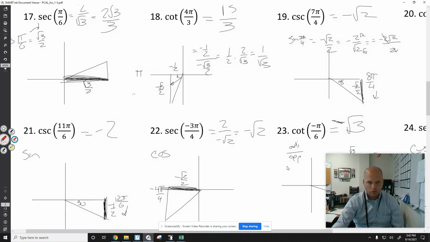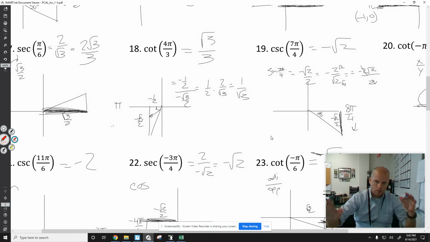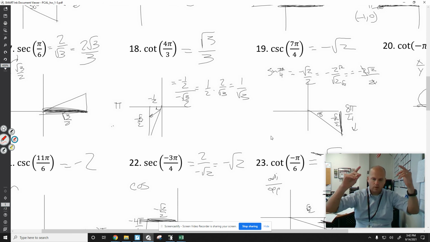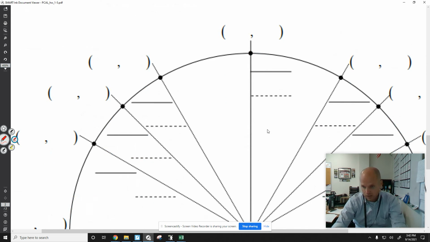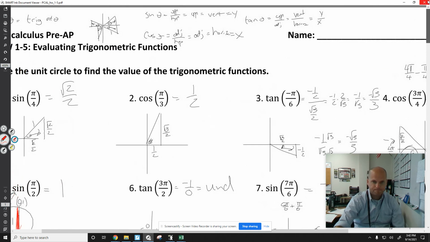You're using your knowledge of triangles and radian locations to answer these questions, not a unit circle. If you do this, good for you. It's just not required for me. Okay? Later.